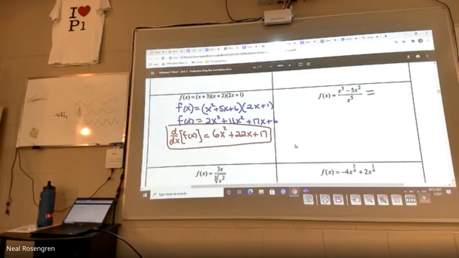Well, we got some stuff up top being added and subtracted. It's all over x to the fifth. What are we going to do?